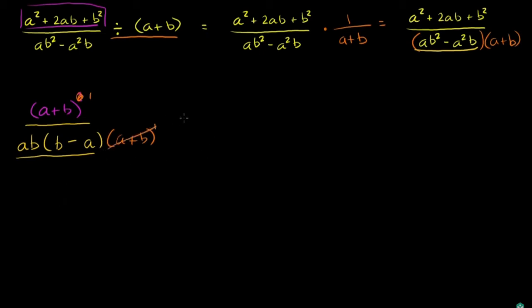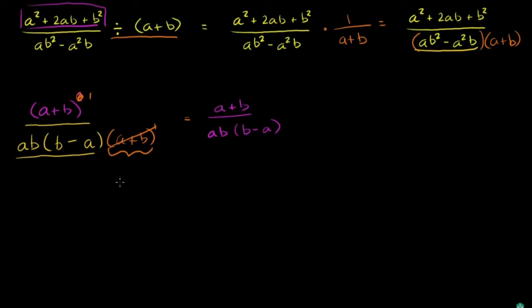And so we get this being equal to (A plus B) over AB, over AB times (B minus A), with the caveat, because we canceled this thing out in the denominator, we have to say, look, this thing can still not equal 0, because this will still make this expression undefined.